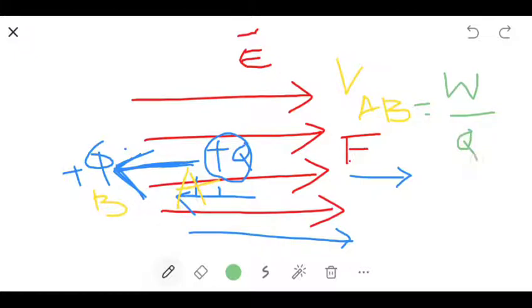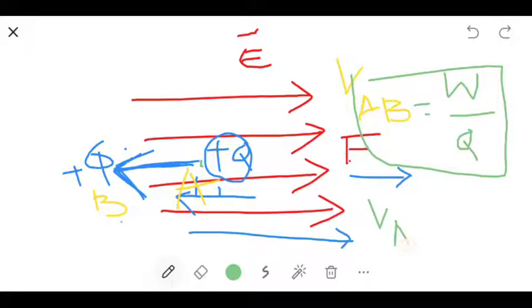The potential of point A with respect to point B is defined as the work done in moving a unit positive charge from B to A, and that is VAB.